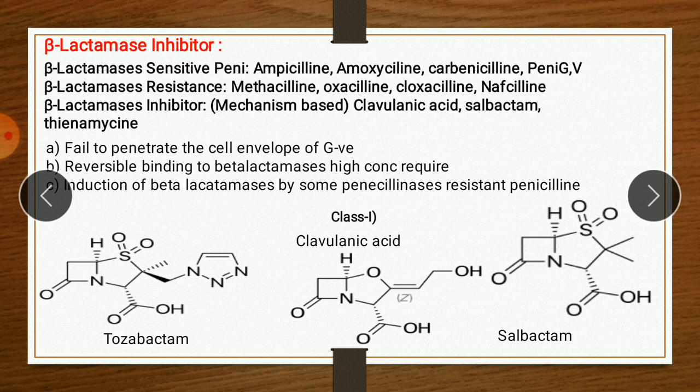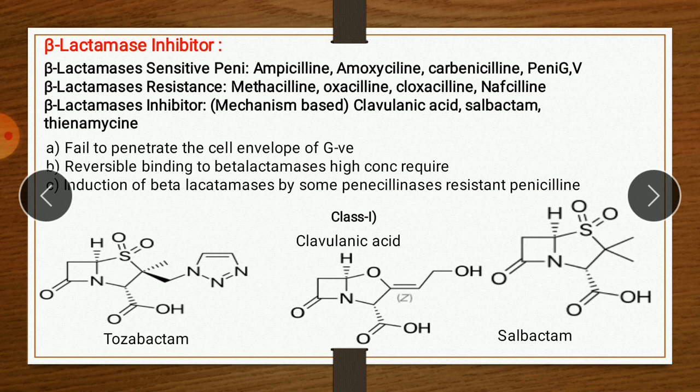Why did this combination fail? There are reasons how this combination failed. First reason is failure to penetrate the cell envelope. The second type, beta-lactamase resistant penicillin, fails to penetrate the cell envelope of gram-negative bacteria. When given alone, beta-lactamase sensitive penicillin is easily inactivated by the beta-lactamase enzyme and therefore does not work.